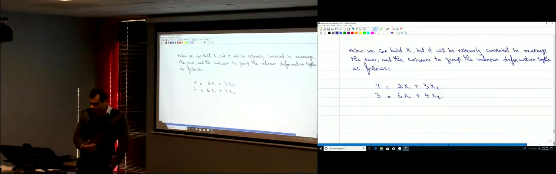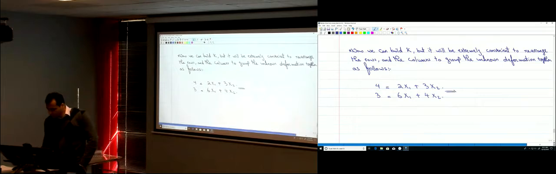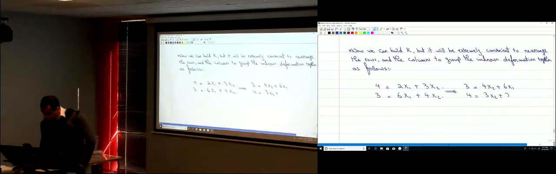Does it make any difference if I write those equations like this: 3 equal to 4x2 plus 6x1, and 4 is equal to 3x2 plus 2x1?